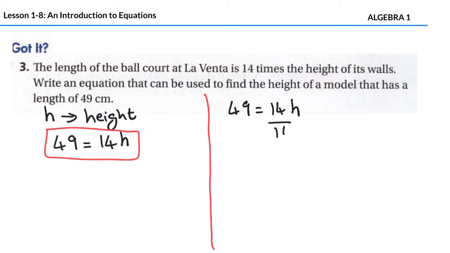You divide by 14 on both sides, and 49 divided by 14 is 7/2, which is also 3.5 centimeters. So the height is 3.5 centimeters. Great. So this completes the lesson on equations.